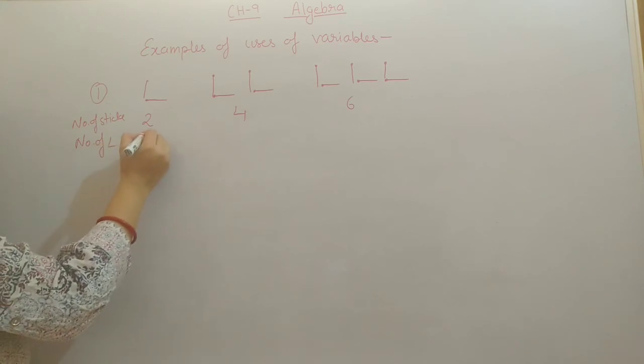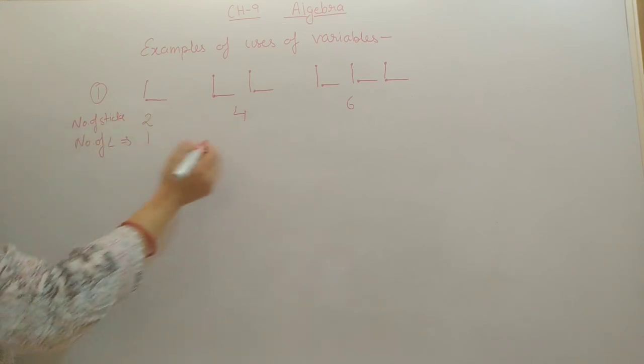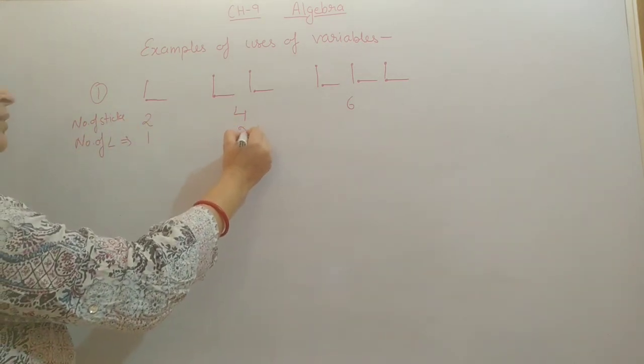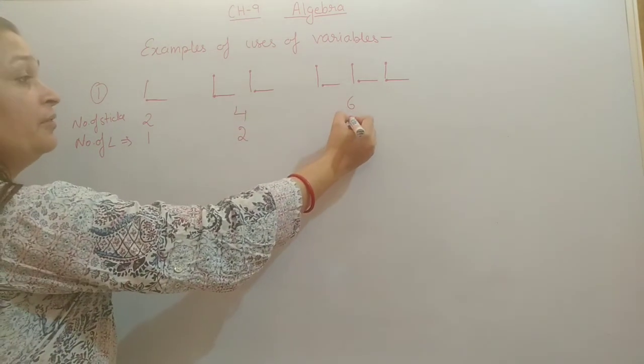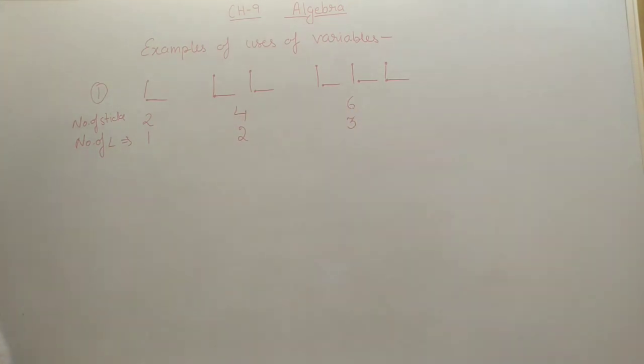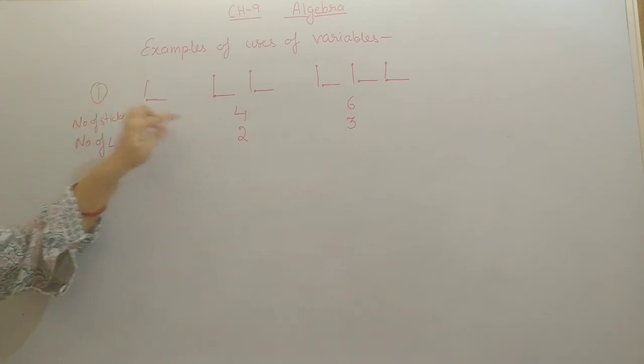If we want to make 1L, we want 2 sticks. 2L, 4 sticks. 3L, then we want 6 sticks. So you can see here one relation is there between this and this.